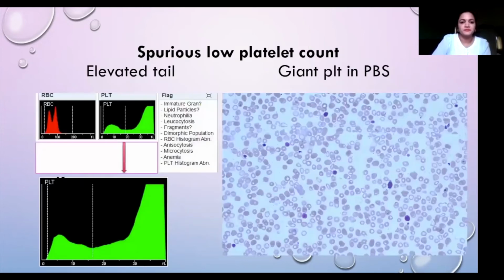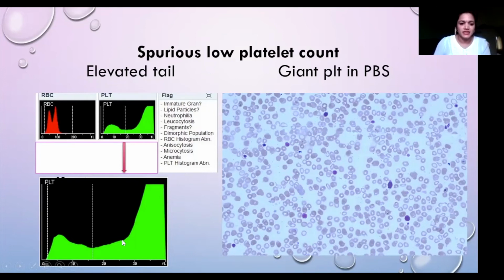Now the second cause of spurious low platelet count, that is giant platelets. This is a classic platelet histogram that we have got in a case of giant platelets, which was confirmed on peripheral smear examination. The photograph is being projected here, where you can see multiple large platelets in the field, almost the size of RBCs, and the histogram is showing the classic elevated tail.